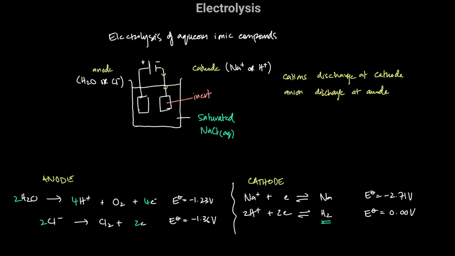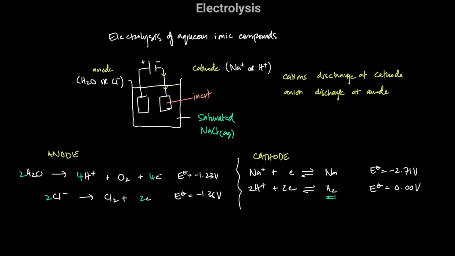If you look at the equilibria, let's look at the anode first. What we see is that these values from the data booklet are for 1 mole per dm cube solutions of ions. Obviously, for a dilute solution, we can use these values directly for our comparison.